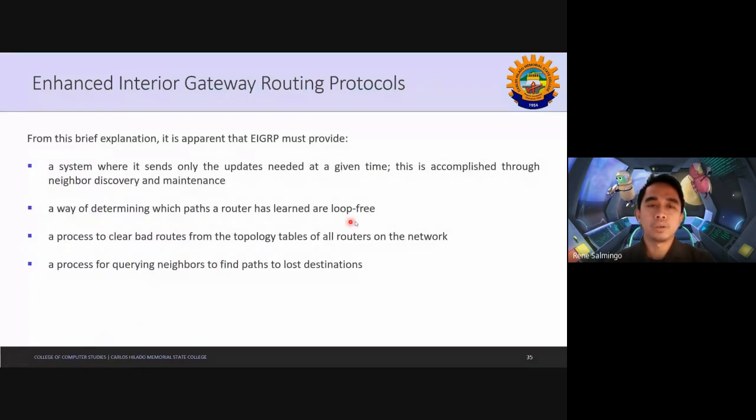So with this brief explanation, EIGRP must provide a system where it sends only the updates needed at a given time.